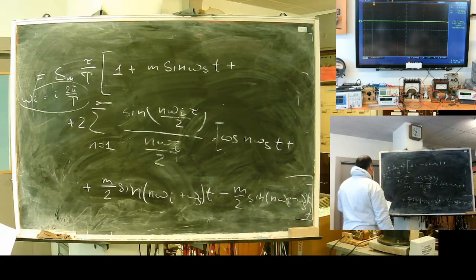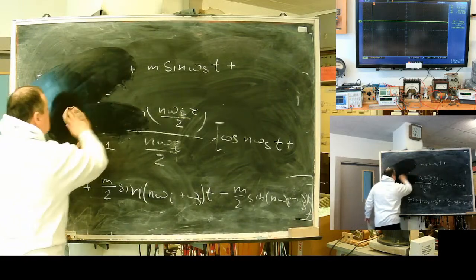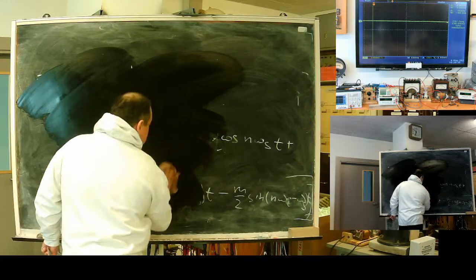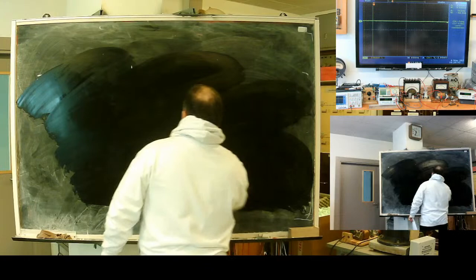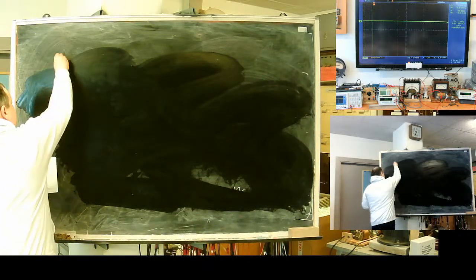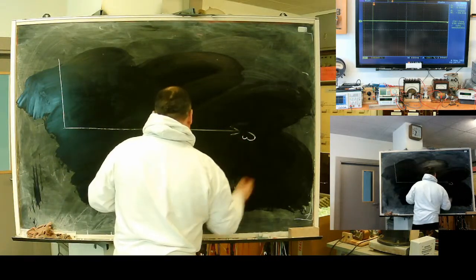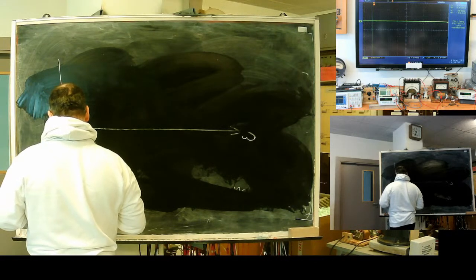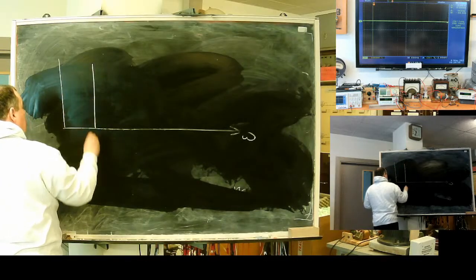Let me draw it. It's quite complex. It's very easy, but to understand it, better I draw an example. What's the idea? See, you will have a spectrum like this. You will see lines.